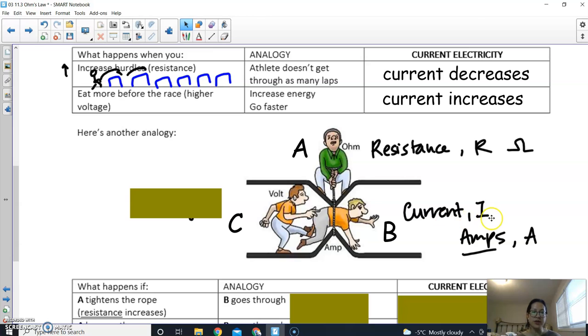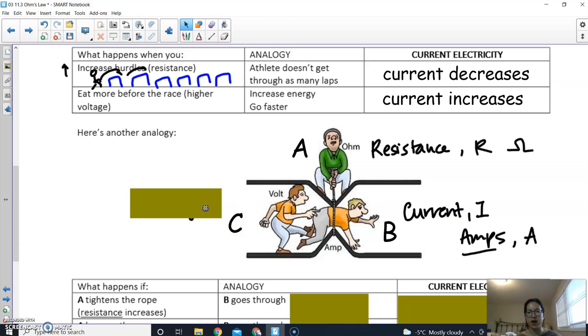The symbol that we use is I, and the unit is called amps or amperes, and the symbol for amps is A. It's very confusing because current is C, but then it's I, and then it's A. So for this one in particular, please make sure you make proper associations. The reason they use the letter I is that originally they called this electrical intensity, I for intensity, but they've since changed it to current.